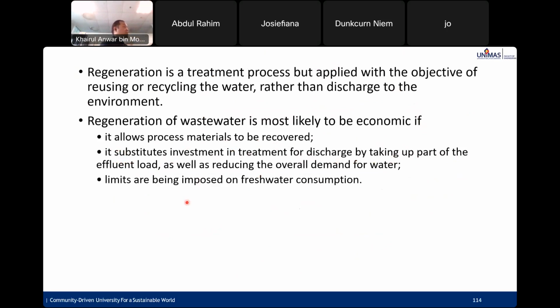Limits are being imposed on freshwater consumption. So, when to consider regeneration, there are 3 points.